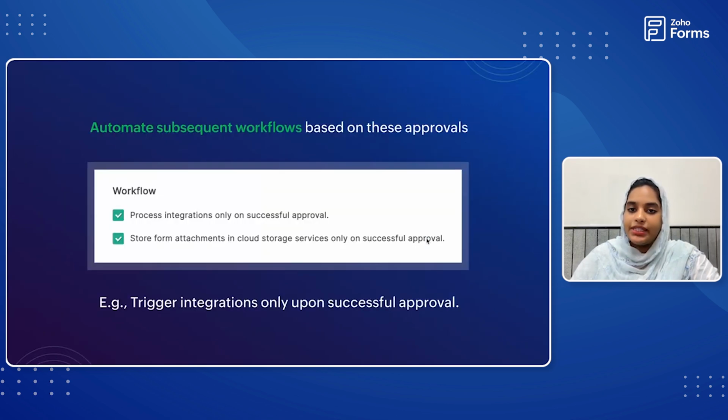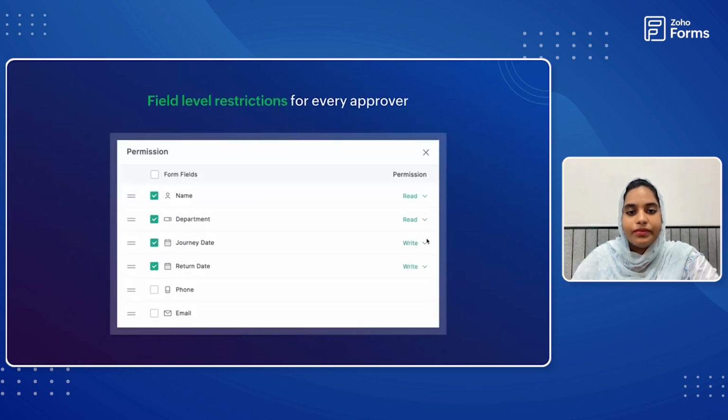You can automate subsequent workflows based on these approvals and create an efficient system that works just for you. For example, you can trigger integrations only upon successful approvals by enabling these workflows in your forms.